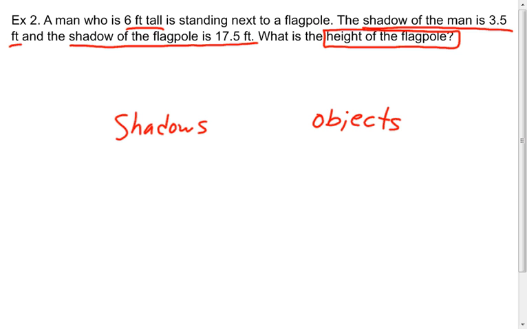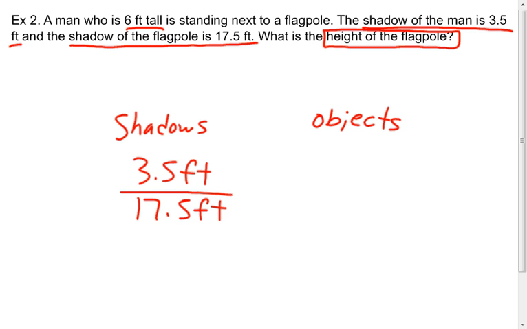So the first shadow we're talking about, the shadow of the man, is 3.5 feet. And the other shadow is the flagpole, 17.5 feet. Those are both shadows, so they go in the same fraction.